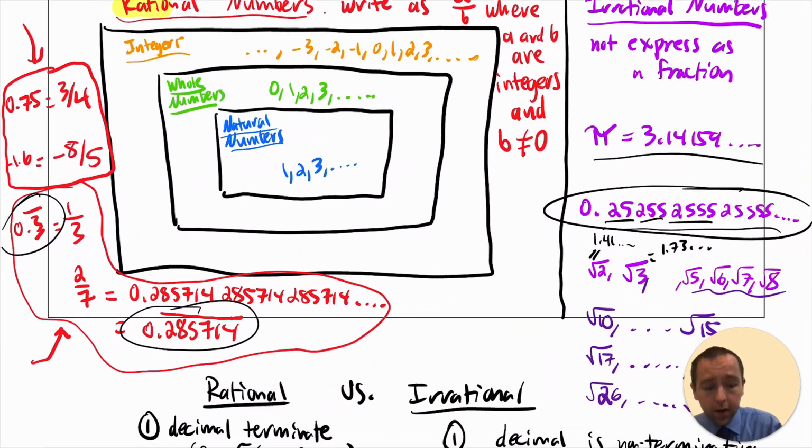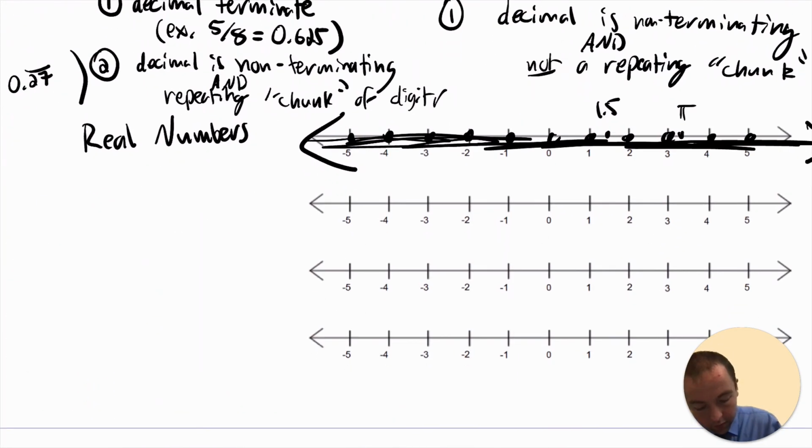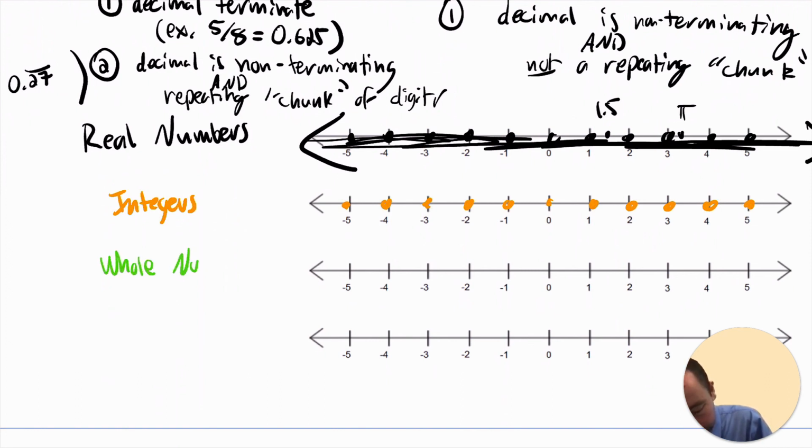So just to bring a little bit of summary to what I just showed you, on a number line, the integers are going to be these numbers on the real number line. So just numbers without decimals, but in the negatives and 0 and positives, right? And then I just introduced the whole numbers here for you.